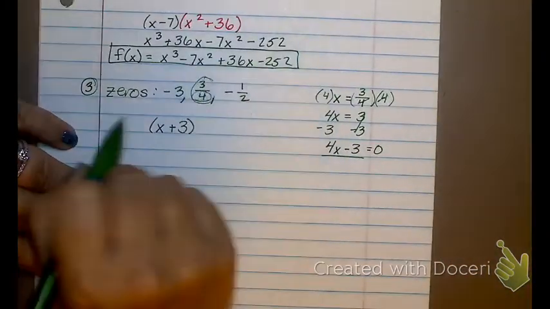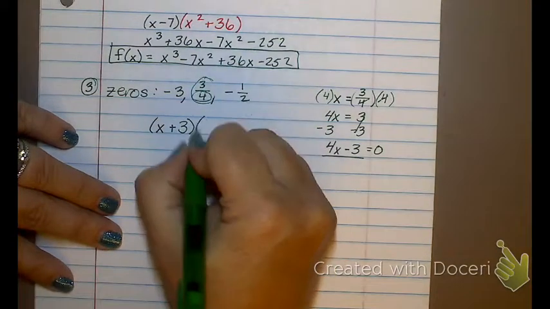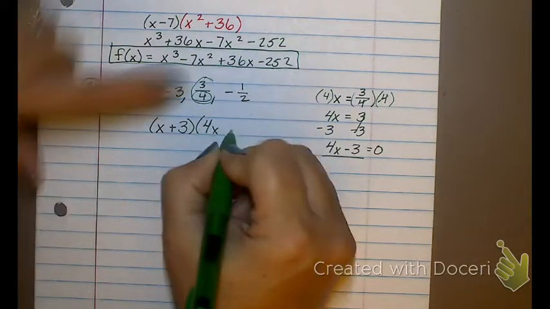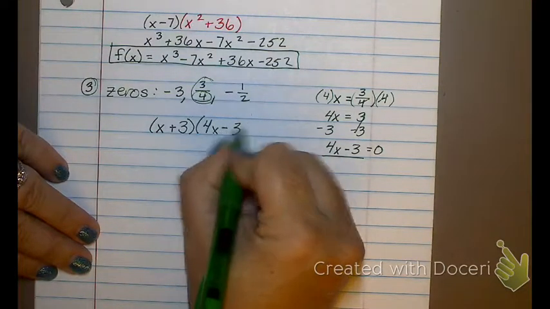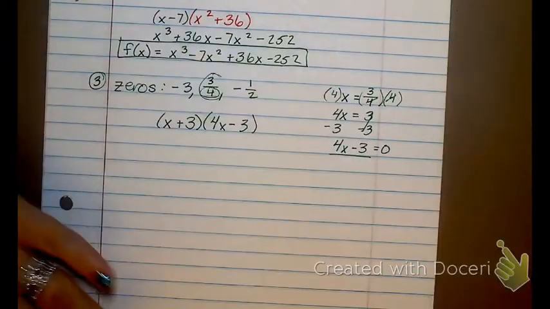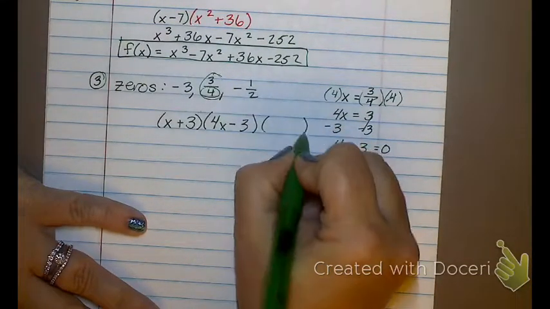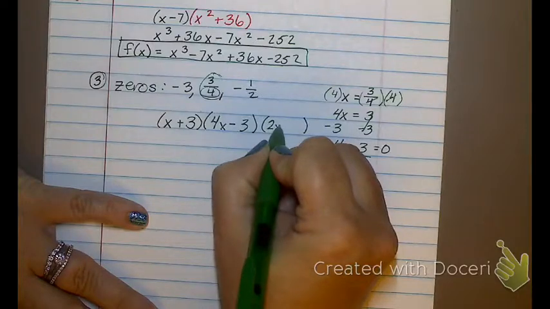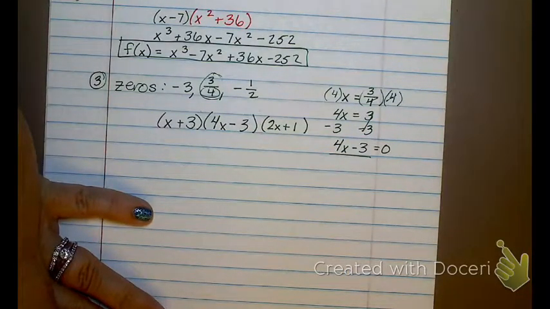Where did the 4 end up? In front of the x. So that means I'm going to have 4x. The other number is going to be the 3, and since this is a positive fraction, I need to make it a negative to account for that moving over. So what would the negative 1/2 look like in parentheses? 2x plus 1.